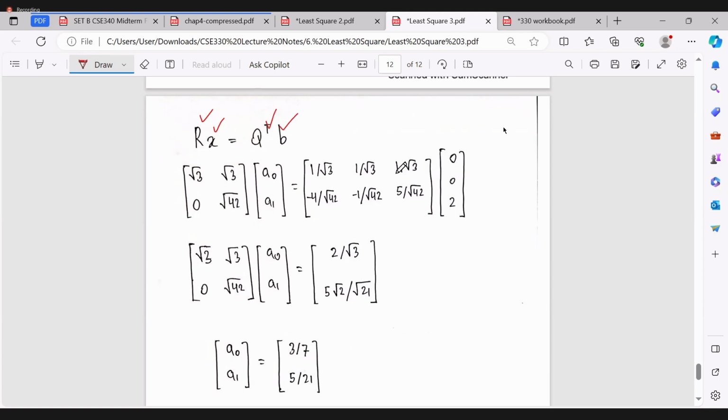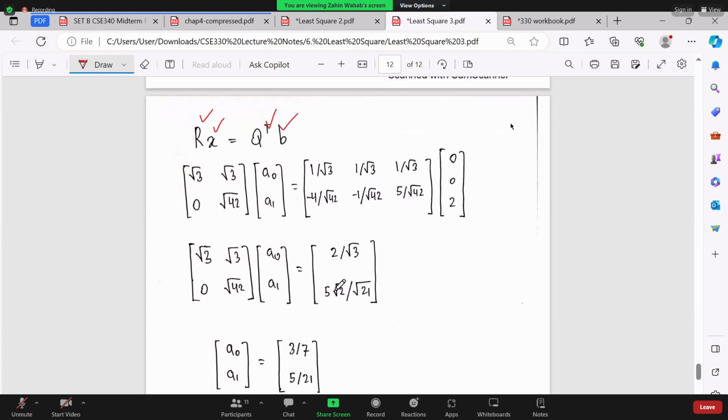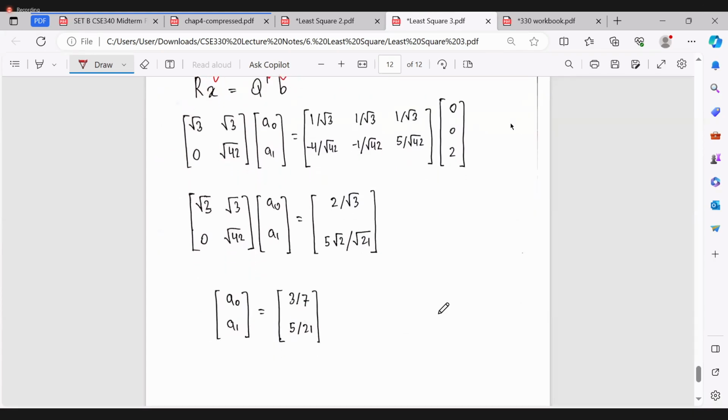So you multiply Q^T B, you get a single column matrix, and this is very simple. এটা জাস্ট হচ্ছে আপনি বটম আপ অ্যাপ্রোচে সলভ করতে পারবেন। So this is your a1, and then you will use this a1 to find the values from this equation. So you have two values, this and this.